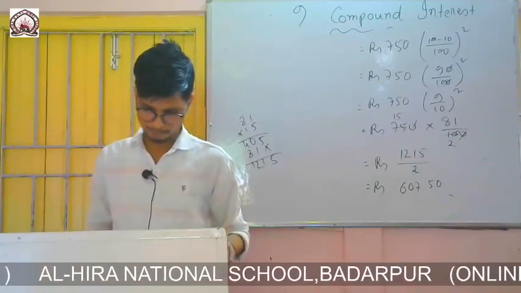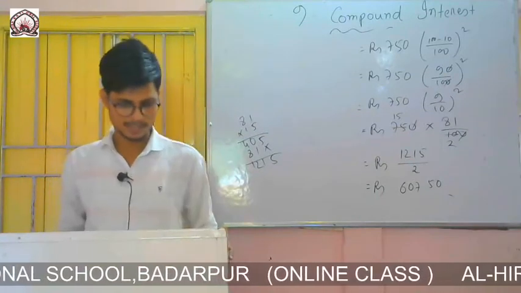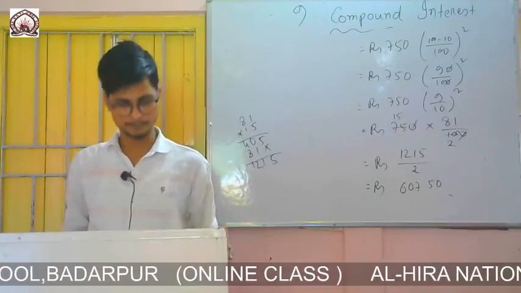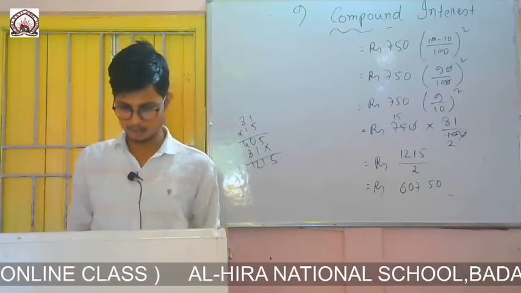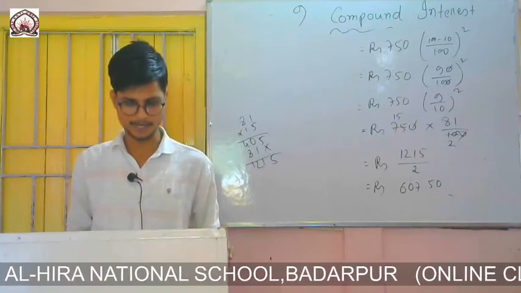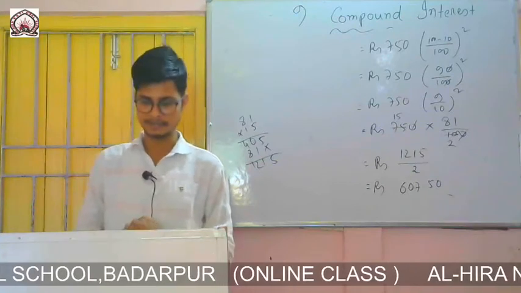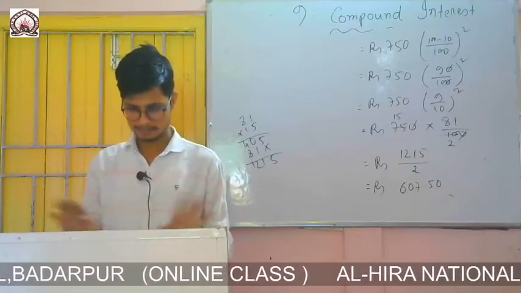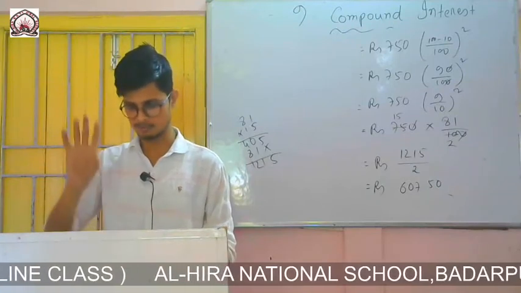Now question number 14. The population of Andhra Pradesh was 5.4 into 10 to the power 7 in 1988. If the population was growing at a constant rate of 2.4% per annum, what was the population in 2008 AD? So given, something is given, and while solving, if it is needed, we will use this.